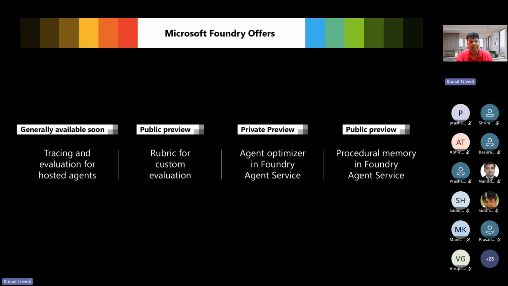Everything we can check in the tracing and evaluations. We can have custom rubrics for the evaluations also. So that's everything that is available with Microsoft Foundry. Microsoft Foundry is not just one tool, it is a complete agent development framework. And with this, let us start our demo.